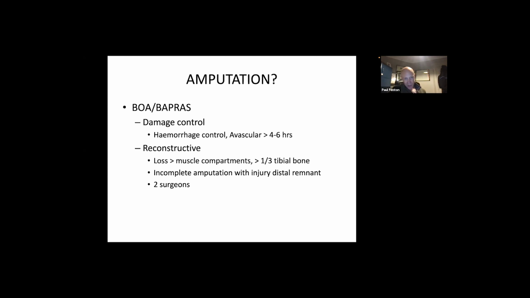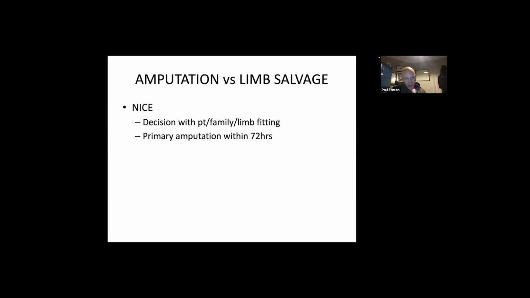The decision for amputation, whether that's part of damage control or reconstructive, is multidisciplinary. If it's an emergency amputation as part of that initial resuscitation of a multiple injured patient, then that would be 2 surgeons assessing the limb together and then deciding that an amputation is the only option at that stage. If we're doing a reconstructive amputation in a more planned way, then that would be probably multiple conversations with the patient and the family.